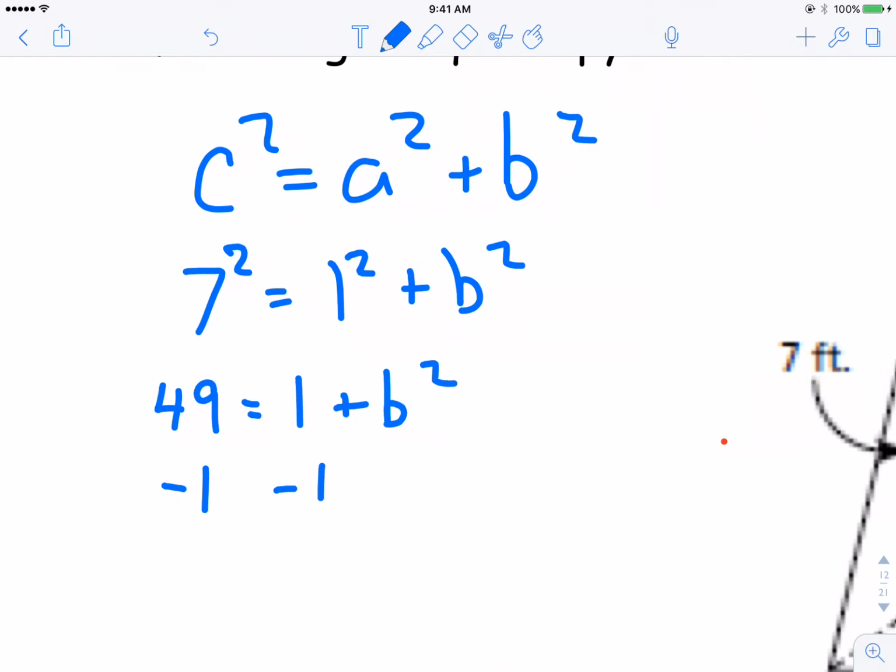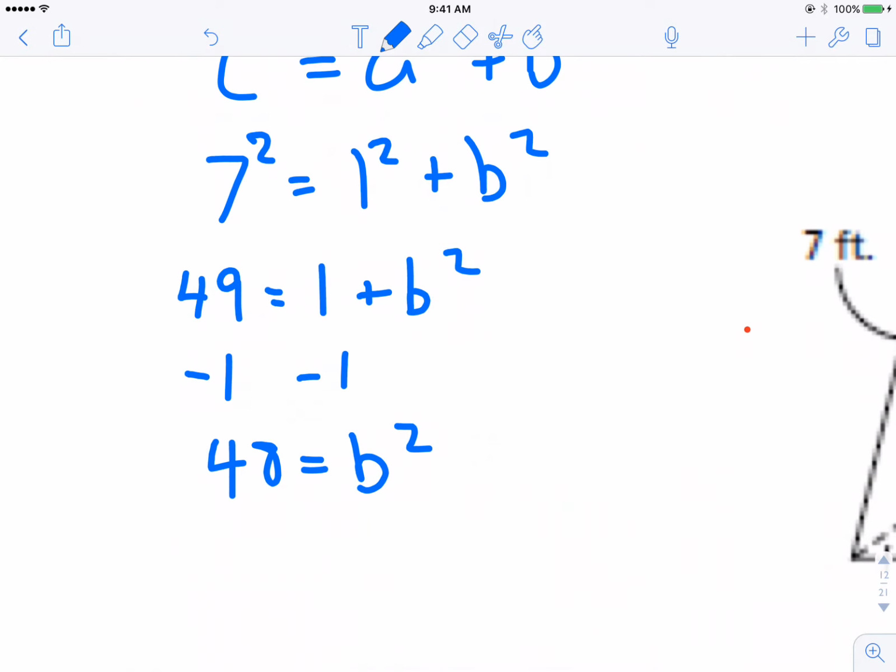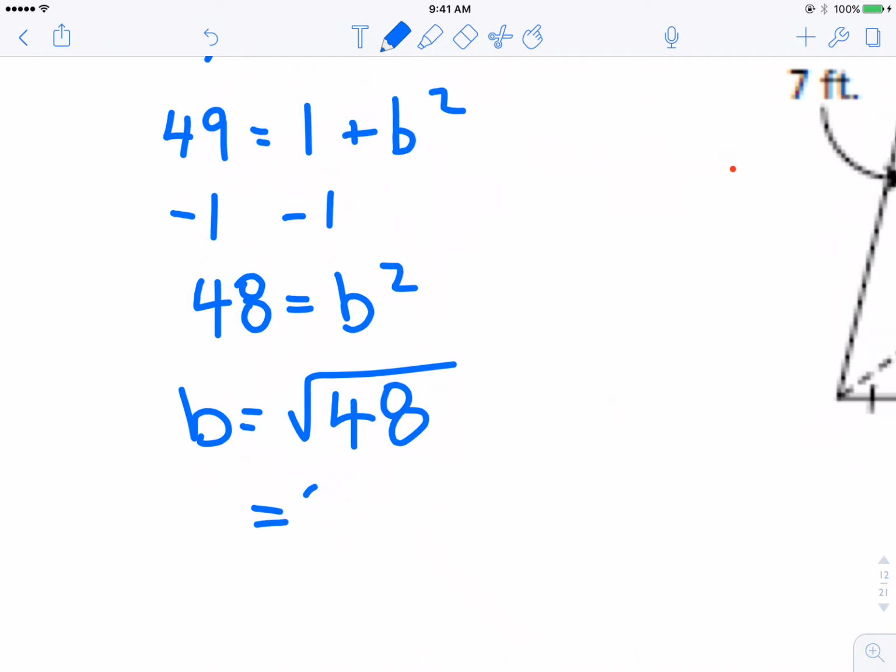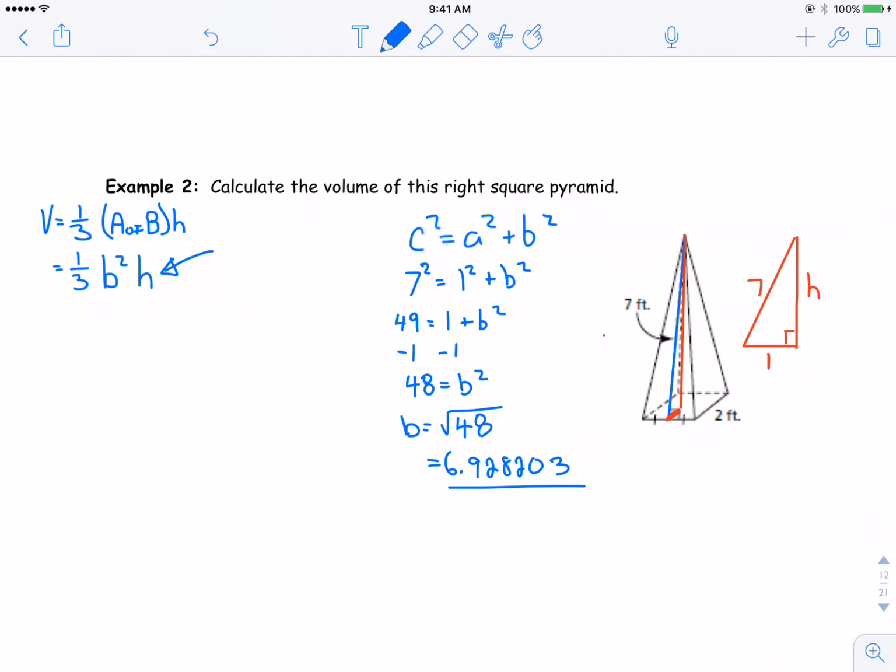Subtract 1, 48 is equal to B squared. B is equal to the square root of 48, which works out to 6.928203. So there is my height of that square-based pyramid.